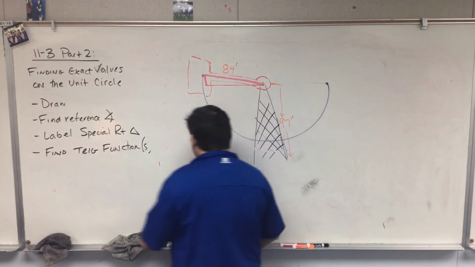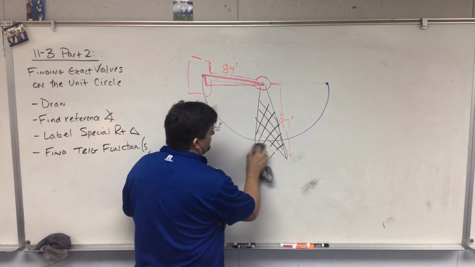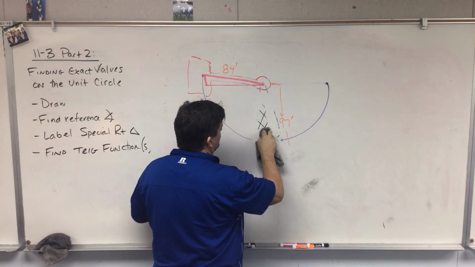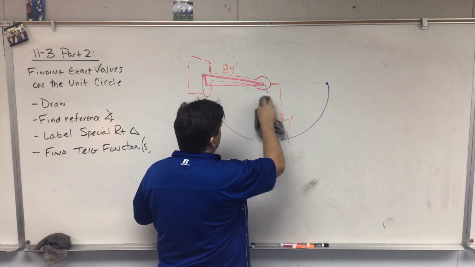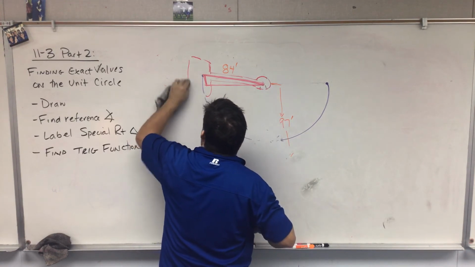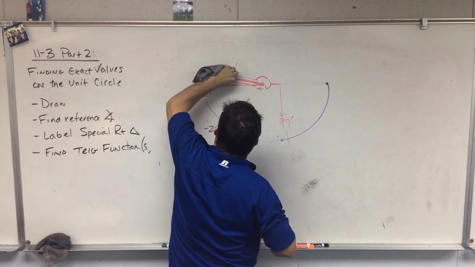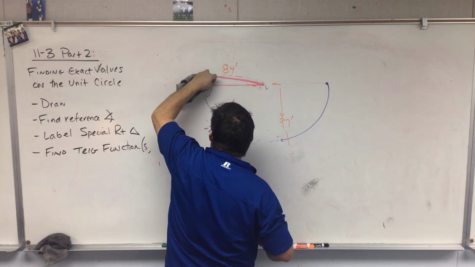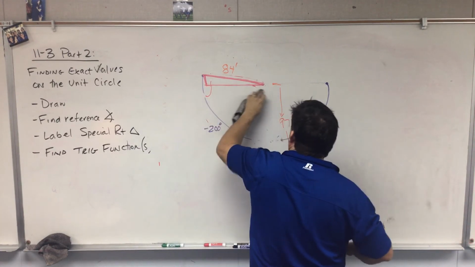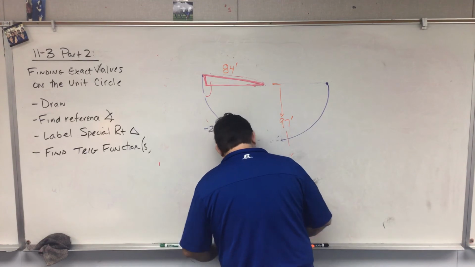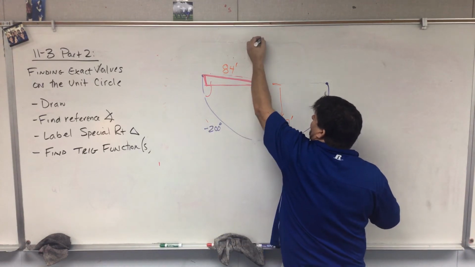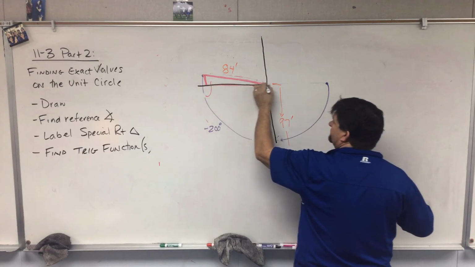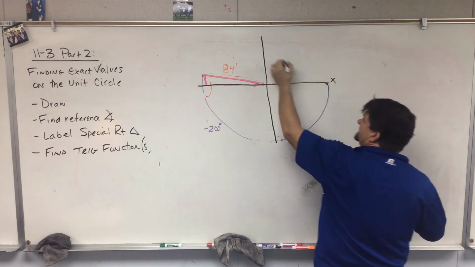So I drew my triangle. I'm going to erase a lot of the information. I erase the arm, I erase the center, and then I'm going to draw the x-axis and the y-axis.